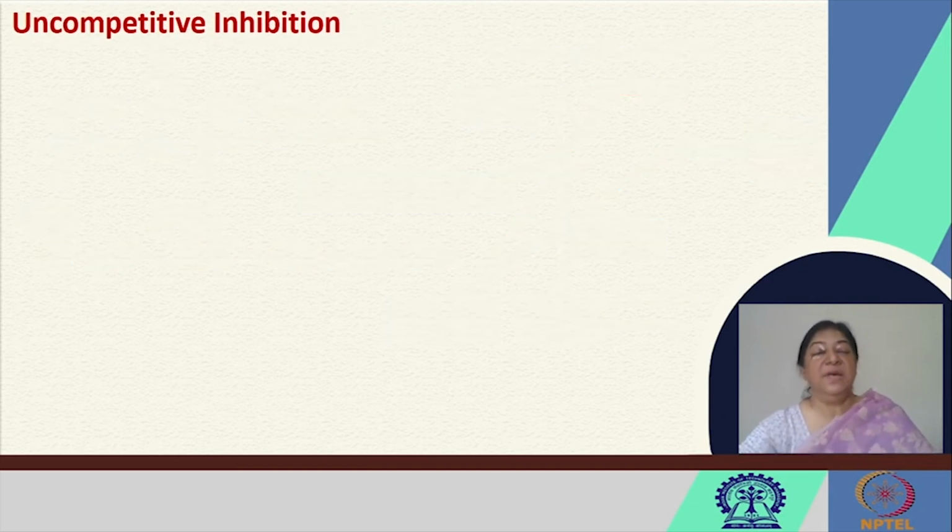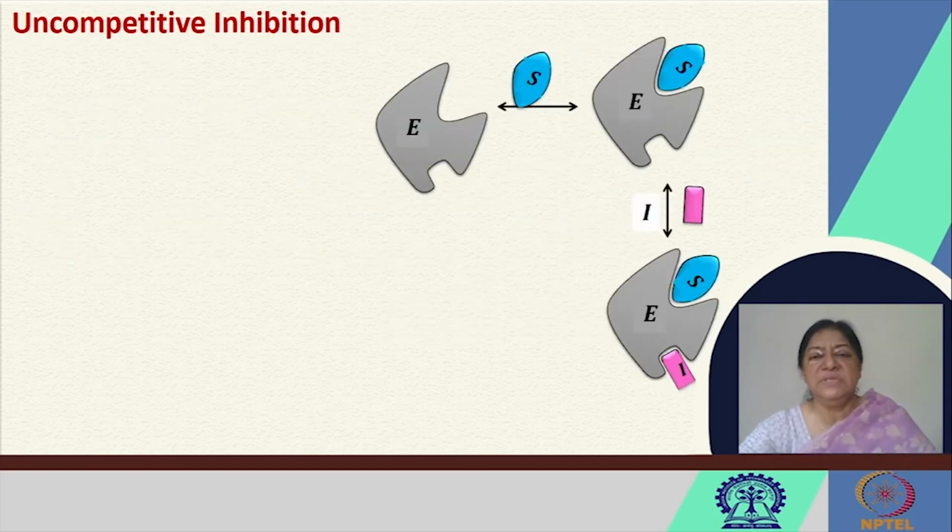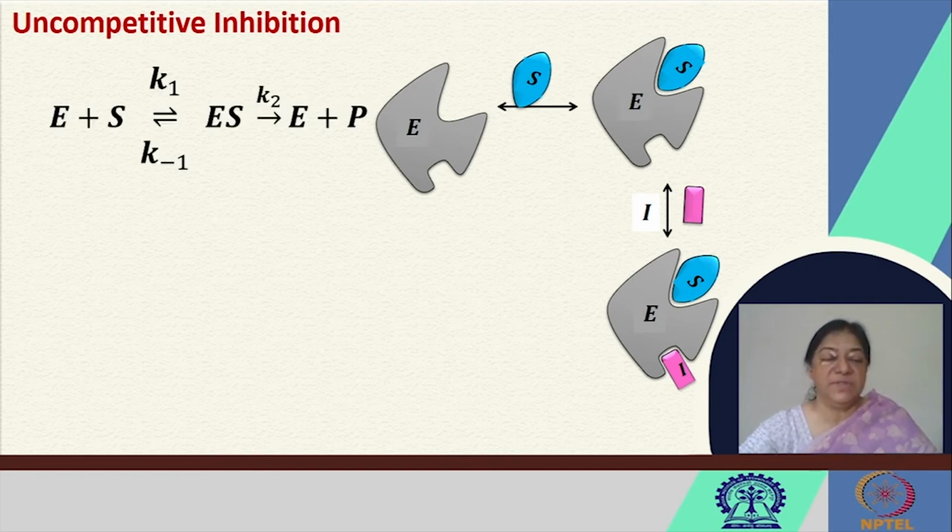And we can have uncompetitive inhibition. In uncompetitive inhibition, what happens is we have the enzyme substrate complex formed, and the inhibitor can only bind to the enzyme substrate complex and not the enzyme alone, but nevertheless it will inhibit the activity of the enzyme.